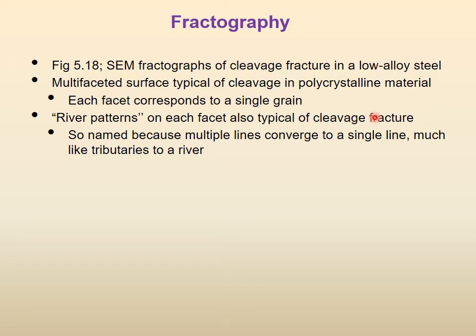So first of all, one typical common thing in cleavage fracture is that there will be many faces or facets, because these faces are at microscopic level, so we are calling them facets. And then on some of the facets, there will be river patterns. So these two things, facets and river patterns, are typical of cleavage fracture in their fractographs.